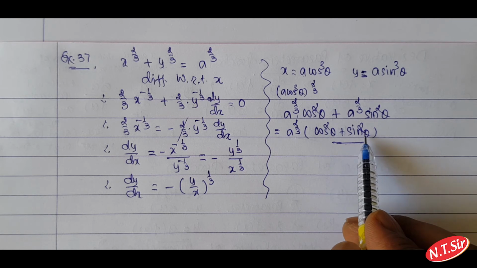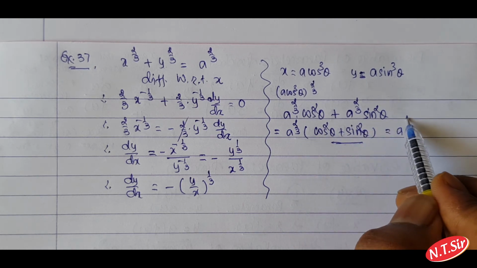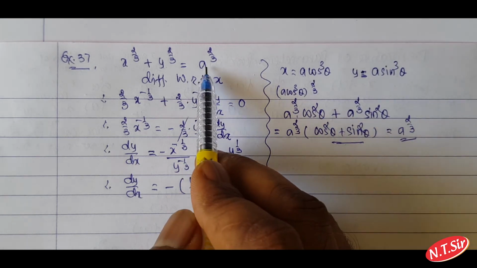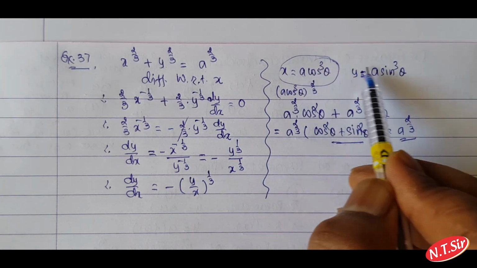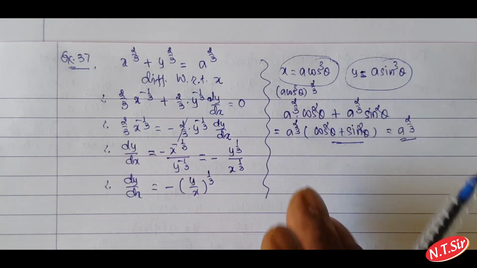Cos square theta plus sin square theta is 1. So this is a raised to 2 by 3, that is the right hand side of the equation. So these are the parametric equations of the given equation, right.